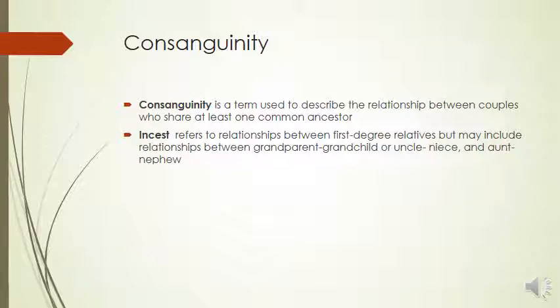Consanguinity is a term used to describe the relationship between couples who share at least one common ancestor. The term incest refers to relationships between first-degree relatives, but may include relationships between a grandparent and grandchild, or uncle and niece, or aunt and nephew.